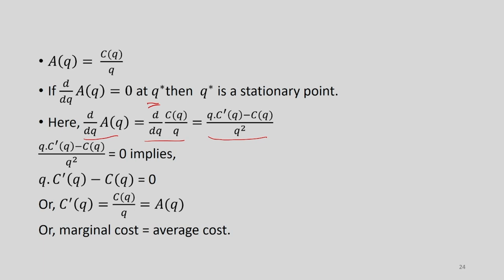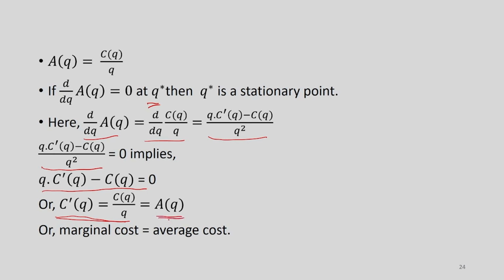Now, if we have a stationary point, then this has to be equal to 0, right. The derivative has to be equal to 0 for a stationary point, and that means that the numerator is equal to 0, which is equivalent to saying that Q multiplied by C prime Q minus C(Q) is equal to 0, and I can take C(Q) to the right hand side and divide both sides by Q. That will give me C prime Q is equal to C(Q) divided by Q. And what is C(Q) divided by Q?